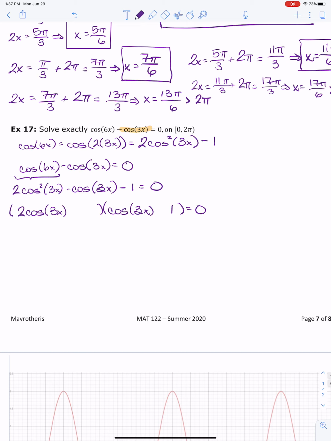The only way to get 1 is 1 and 1. I need to end up with a negative cosine 3x, which means my 2 cosine 3x has to be negative. My 1 cosine 3x has to be positive.